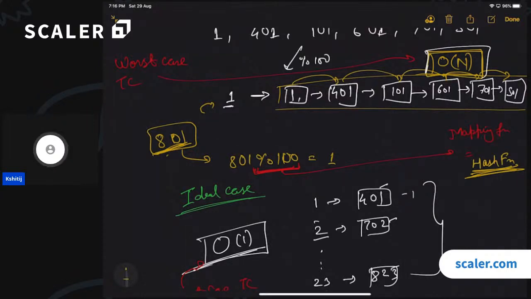But taking a mod is the most simple hash function that you can have, but not the most optimal. This was just for the example. You have very complex, very optimally written hash functions which try to distribute the load evenly. So you can just go back and read about what are hash functions, and you can also read about some of the common hash functions.